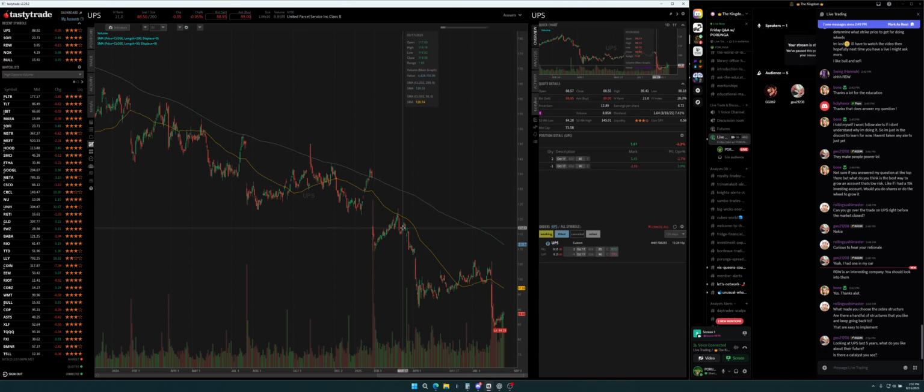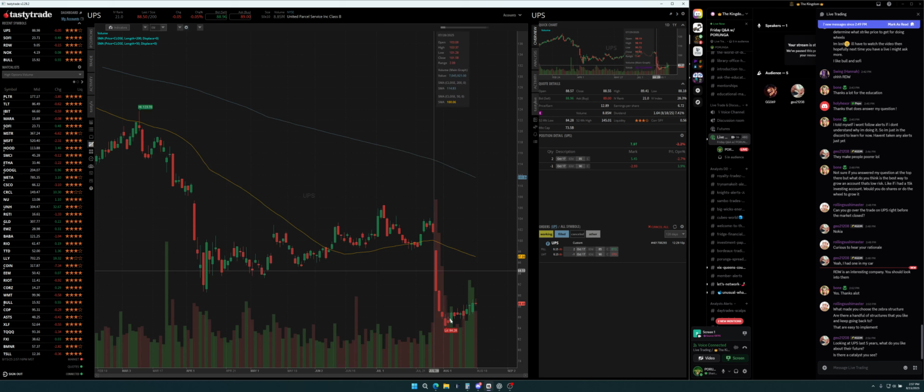I would say the only catalyst I see in the short term, if we go shorter term here, is that this looks potentially oversold. There is an opportunity here that they at least rebound.